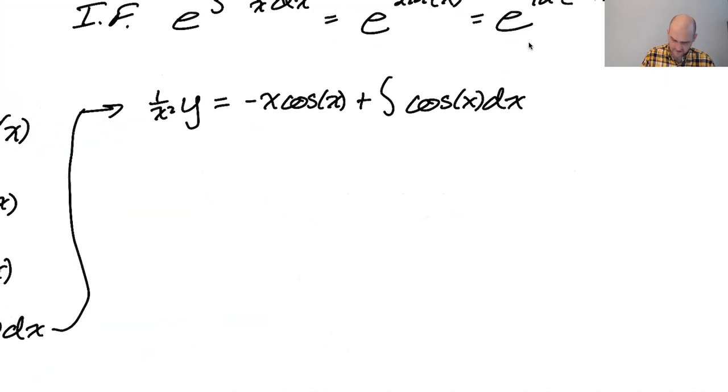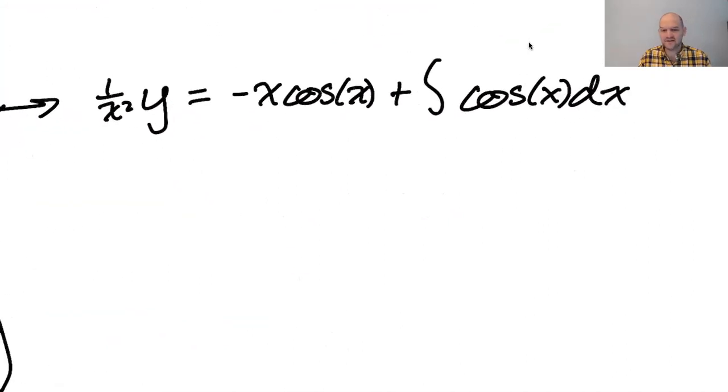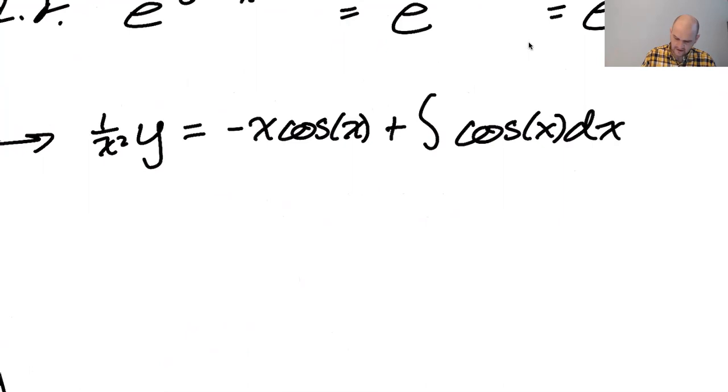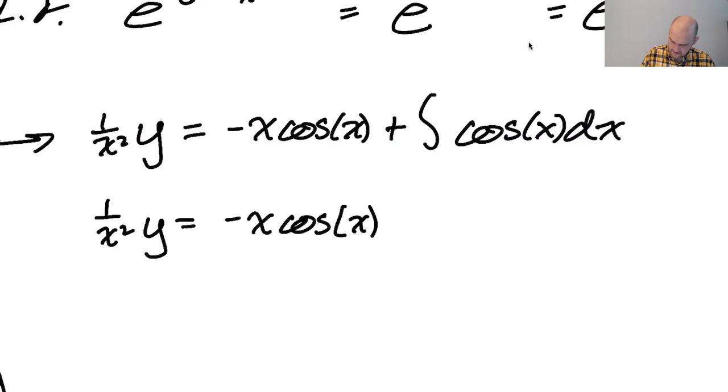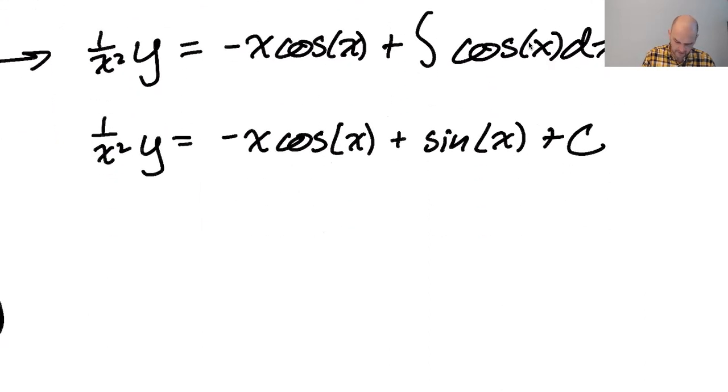On paper, you can see everything, so not as big a deal, but I can't. So I need to integrate. 1 over x squared y equals negative x cosine of x. And then the integral of cosine is sine plus c.